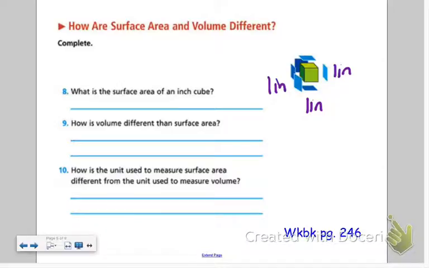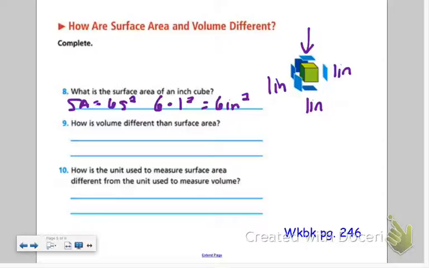It's literally a cube. But the surface area of an inch cube would be different. If you remember, to find the surface area of a cube, you just have to do 6 times the side squared. Well, the side is 1 inch. So I'd have to do 6 times 1 squared. 1 times 1 is going to give me 1. That means the area of just one of these flat faces is 1. And I have 6 of those flat faces in a cube, so the surface area would be 6 square inches.